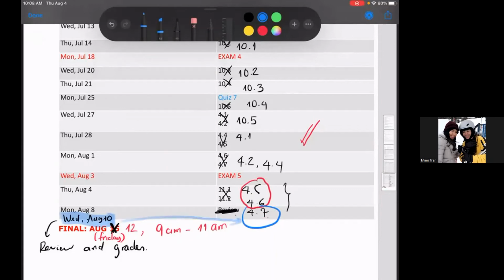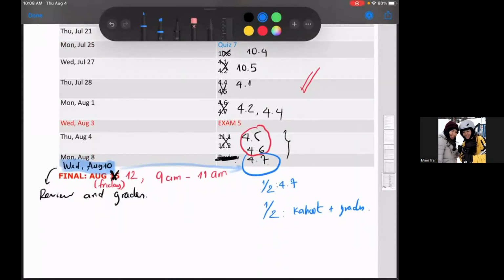The first half is 4.7, and then the other half we're going to do a Kahoot plus grades. Maybe grades first and then Kahoot. Now I'm going to hold office hours because you guys have an exam on Friday.